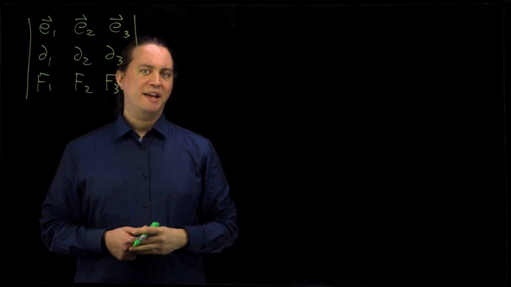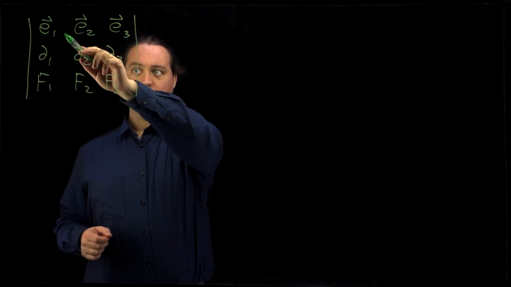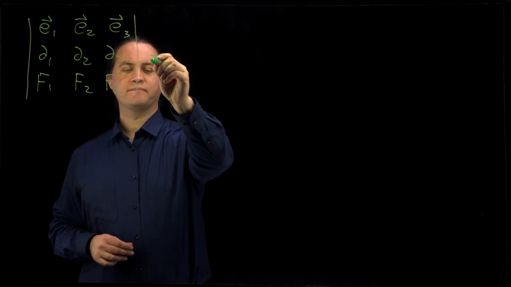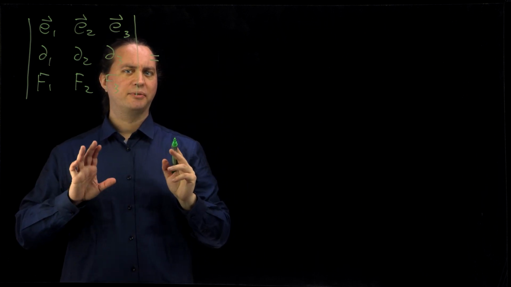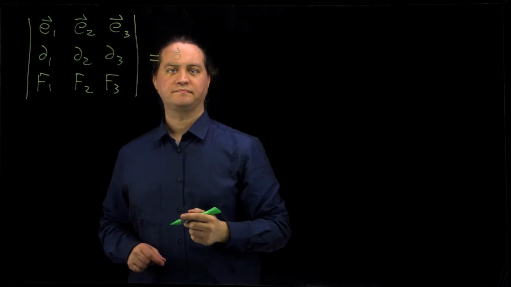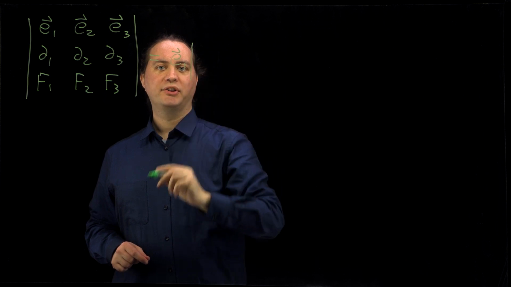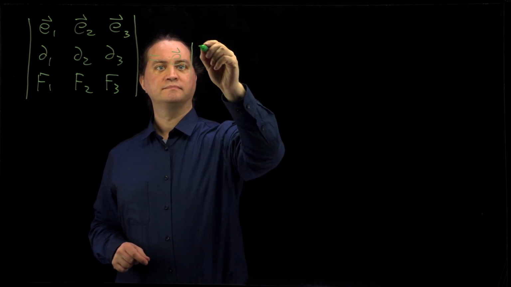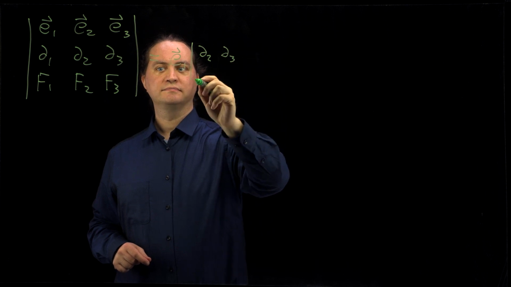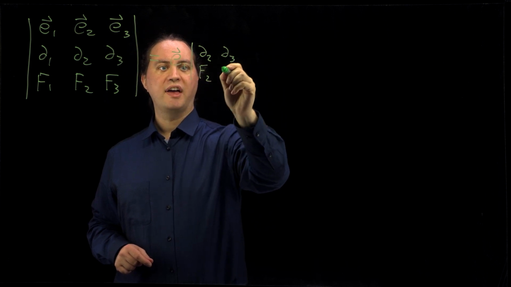Let's now do a Laplace expansion of the determinant using the first row. If we just do that formally, we get E1 and the 2×2 subdeterminant del2, del3, and F2, F3.